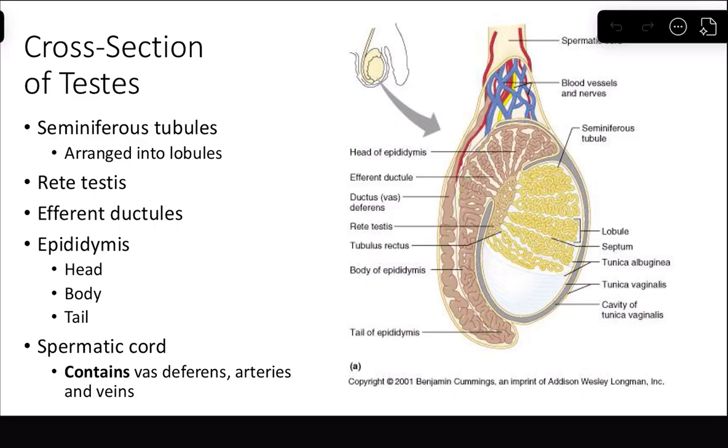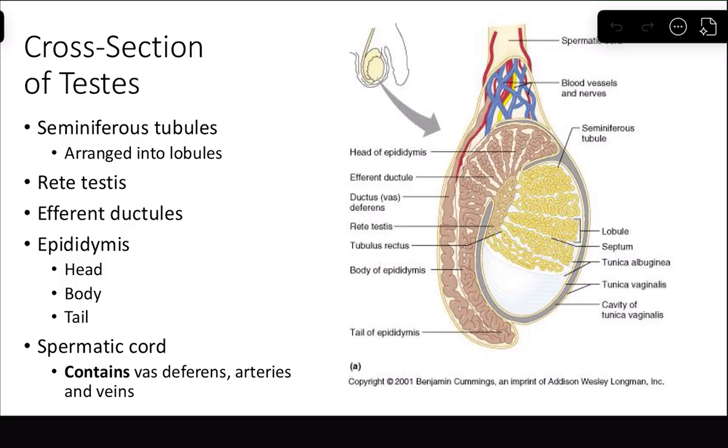And you might remember from our ortho lecture back in A&P II what the inguinal canal is, right? We have those little notches in the pelvis that allow for the passage of vessels and things like the vas deferens, for example, through, right, into that pelvic cavity. So this vas deferens is going to go into the pelvic cavity via the inguinal canal and course over the superior aspect of the urinary bladder.